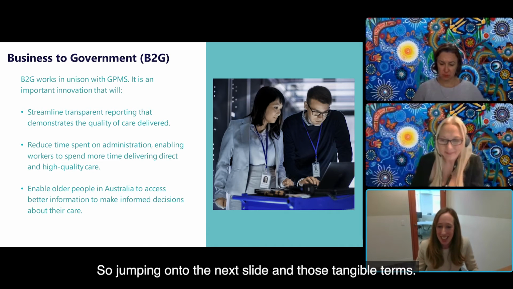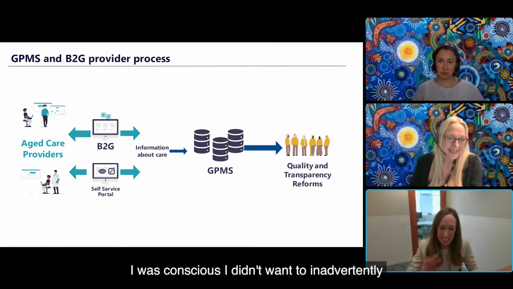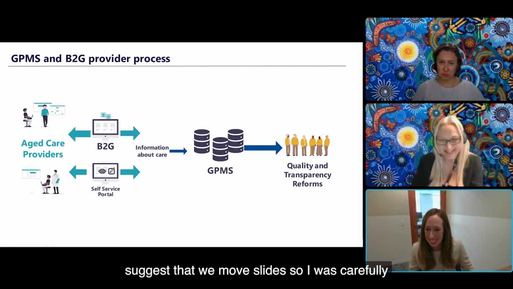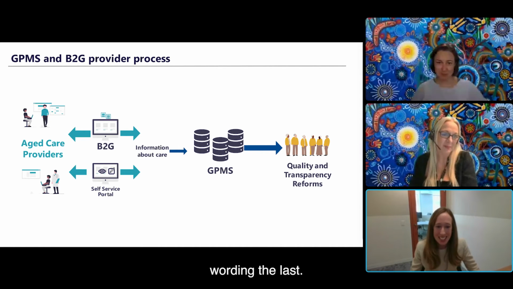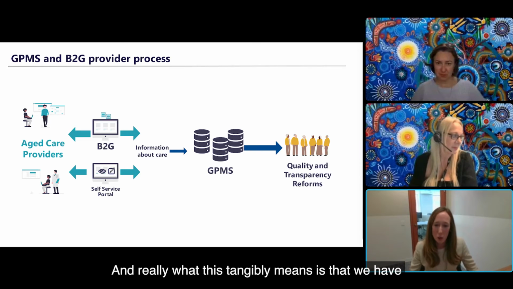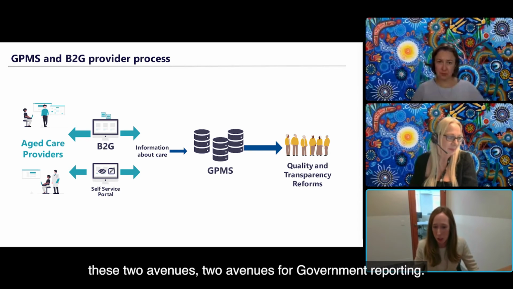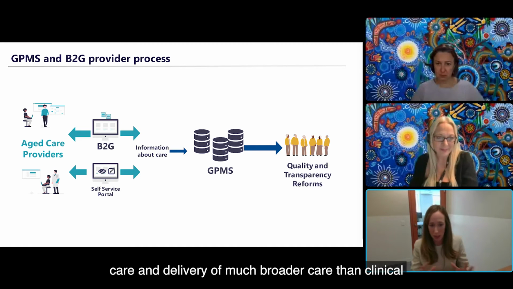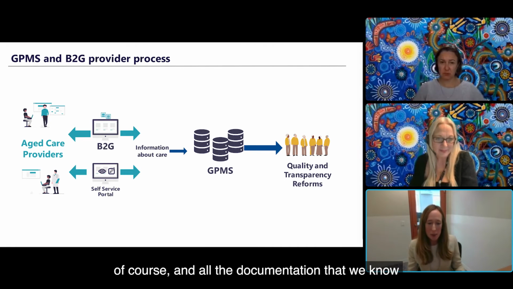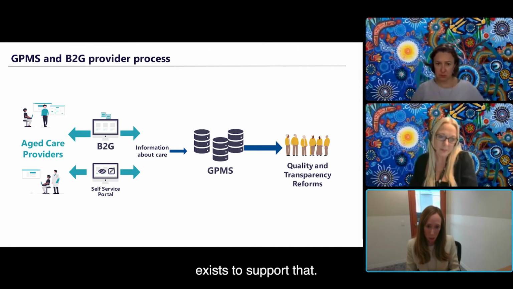So jumping on to the next slide and those tangible terms. I was conscious I didn't want to inadvertently suggest that we move slides, so I was carefully wording the last. And really what this tangibly means is that we have these two avenues for government reporting. So we look at care assessments and clinical care and delivery of much broader care than clinical, of course, and all of the documentation that we know exists to support that.